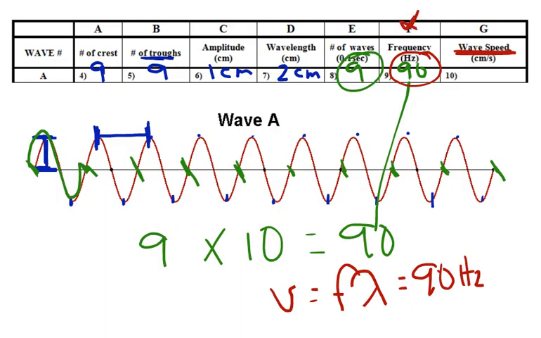So column F, frequency, times wavelength, column D. So you're going to multiply these two columns. Wavelength times frequency will give you wave speed. So 90 hertz times 2 centimeters. 90 times 2 will give you 180 centimeters per second. So we'll put our 180 here.